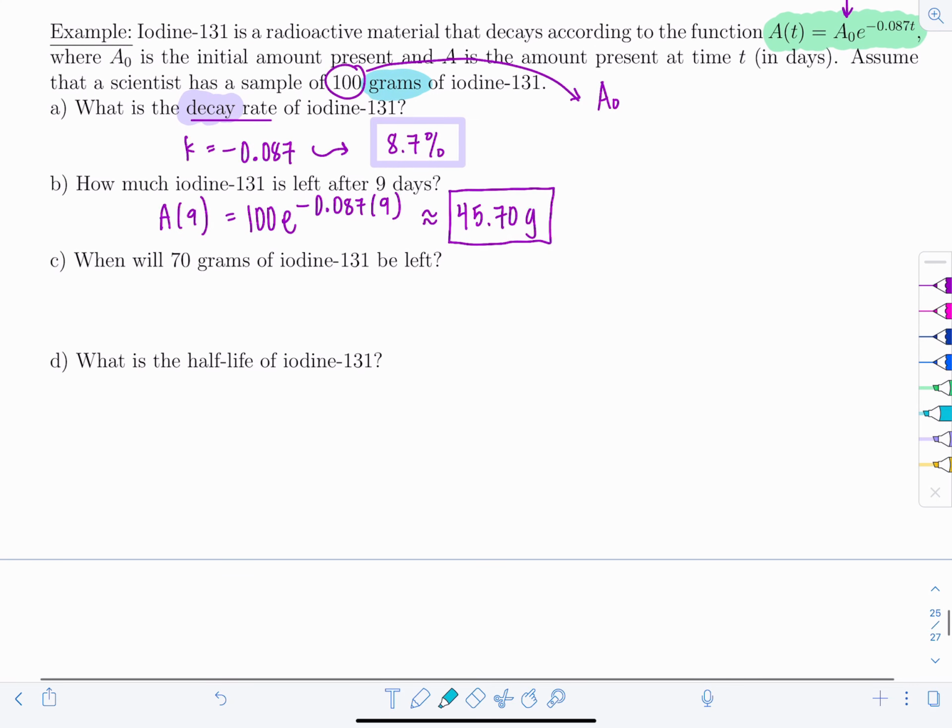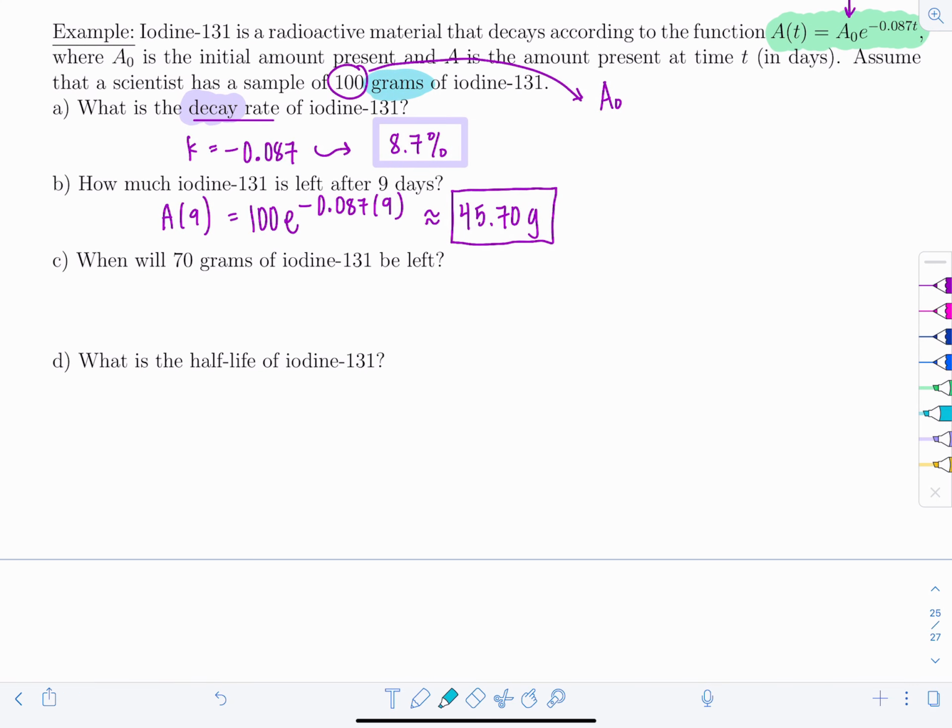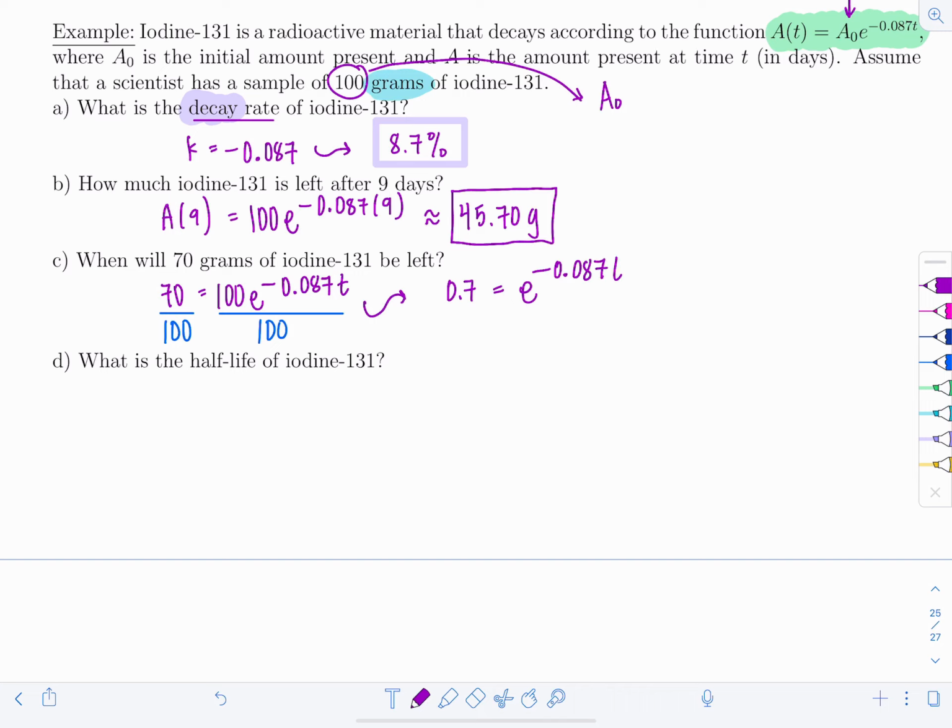Part C. When will 70 grams of iodine-131 be left? So am I plugging in 70? No, I'm setting the function equal to 70. So 70 equals 100 e to the negative 0.087 times t. And now let's find t. How do we start? They all start the same. Divide by 100. You want to get that exponential term all isolated. So 70 divided by 100, that's 0.7 equals e to the negative 0.087t.